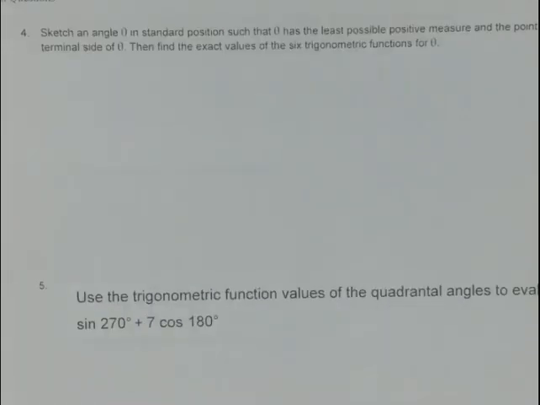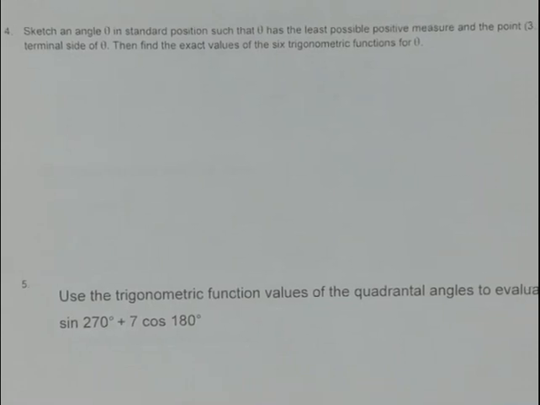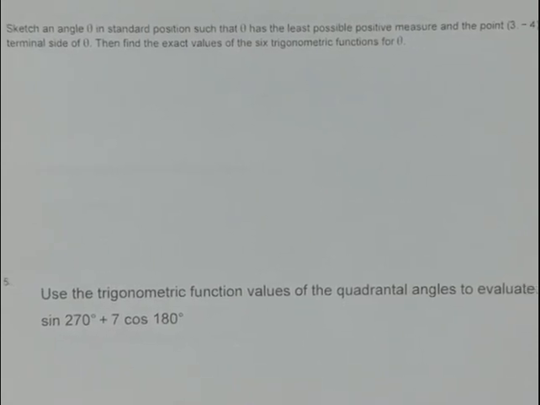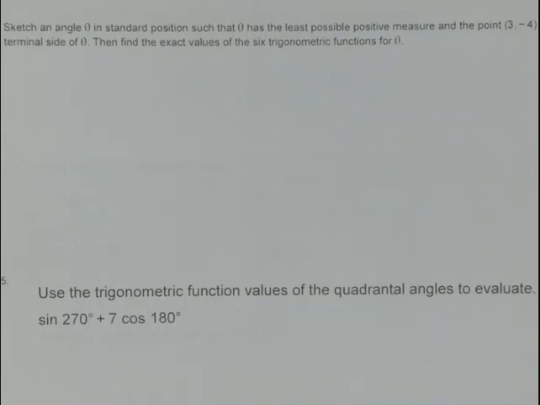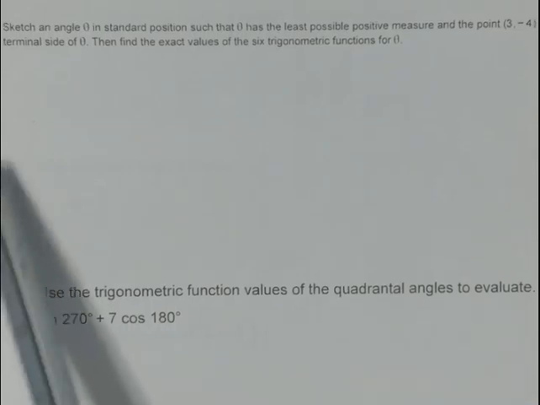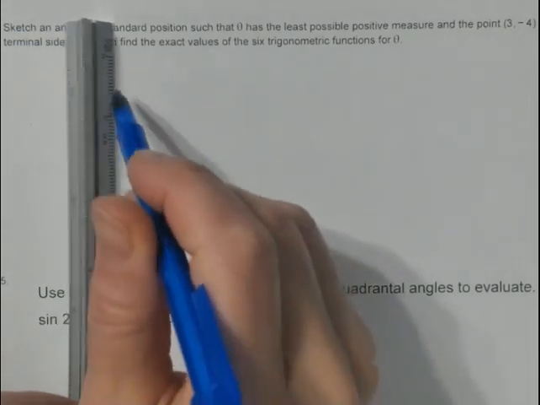Number 4, sketch an angle theta in standard position such that theta has the least possible positive measure and the point (3, -4) is on the terminal side of theta. Then find the exact values of the 6 trigonometric functions. So let us first sketch this angle.